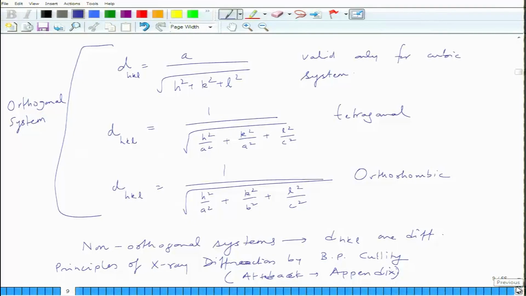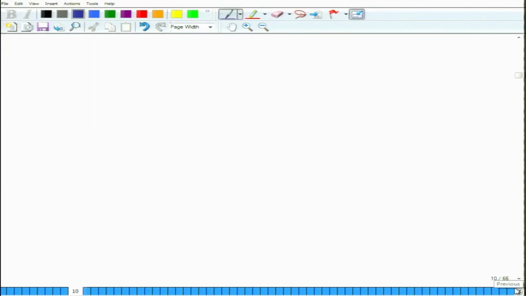Similarly, you can also look for interplanar angles, which also have different relations. So, this again you can find in Cullity. Now, this is about the tetragonal system.